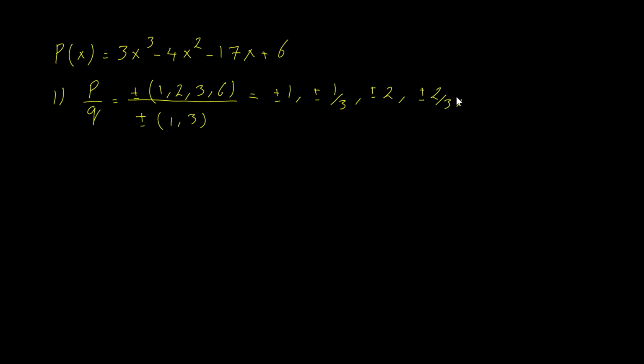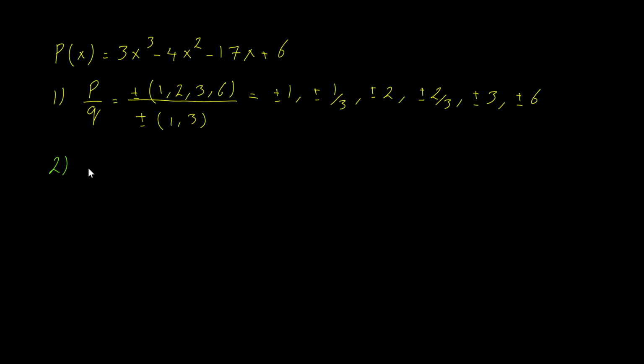Then 3 over 1. 3 over 3 gives us a 1. We already had the 1, so we skip it. Then we have 6 over 1, 6, and 6 over 3 gives us a 2, and we have already had it. So we have 6 terms multiplied by 2 for plus and minus, so 12 possible roots.